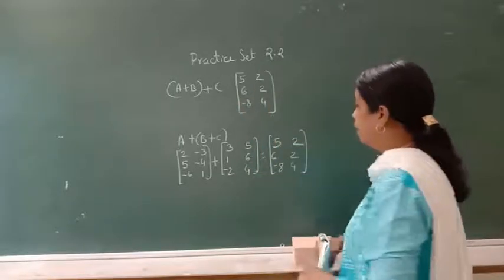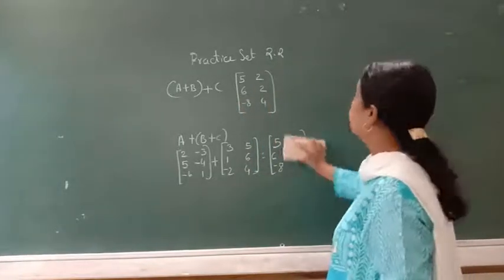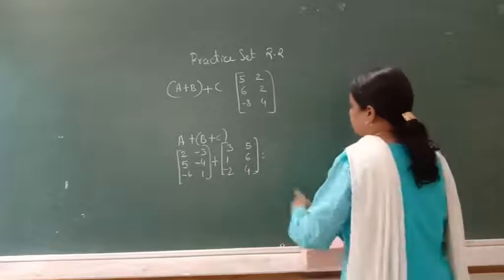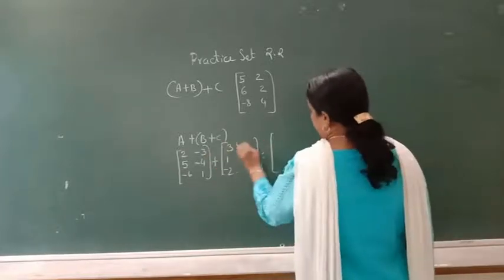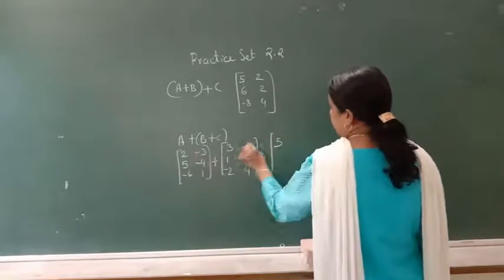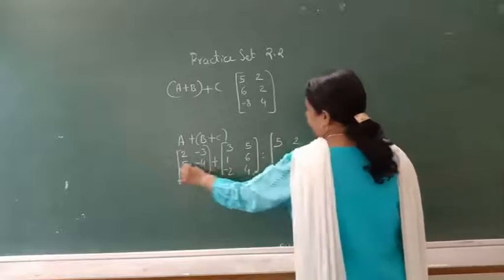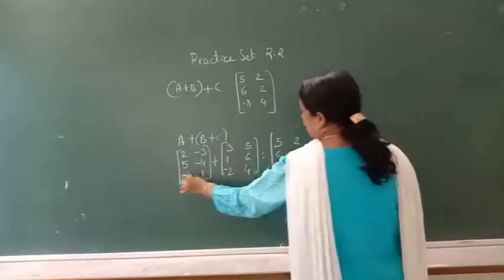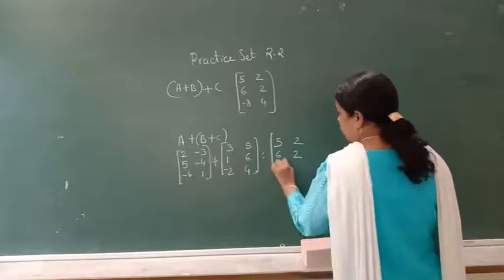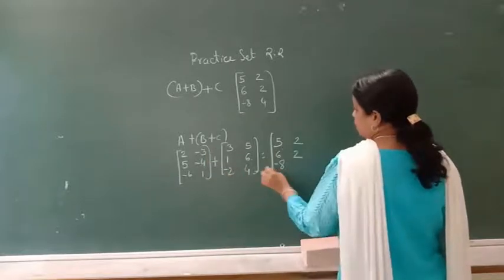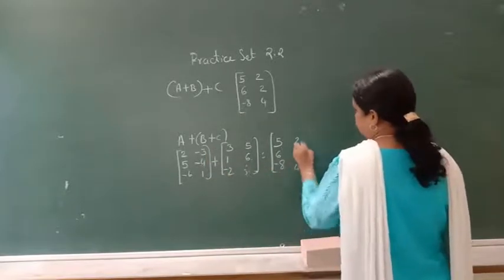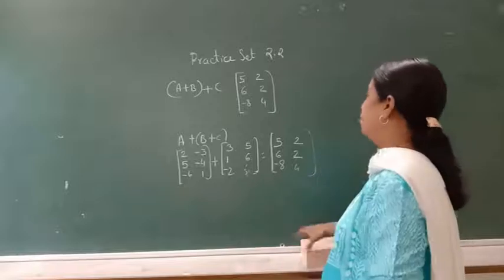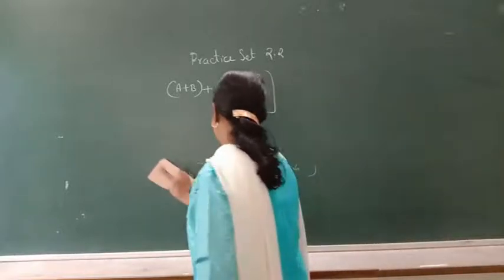Now we will see whether we get the same value for this also. 2 plus 3, 5. Minus 3 plus 5, 2. 5 plus 1, 6. Minus 4 plus 6, 2. Minus 6 plus minus 2, minus 8. 1 plus 3, 4. So we have got the values are same.